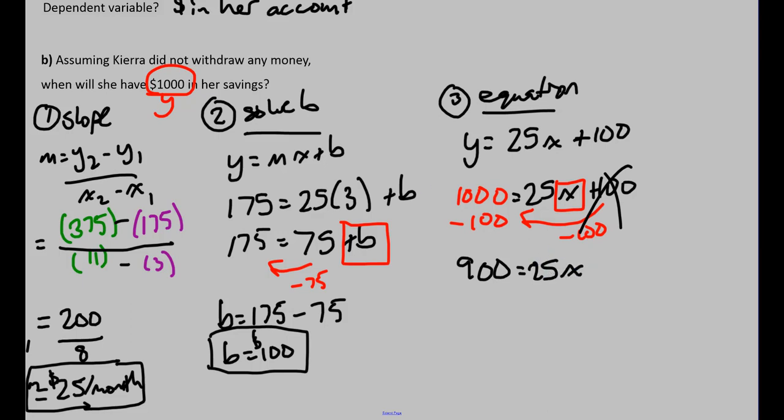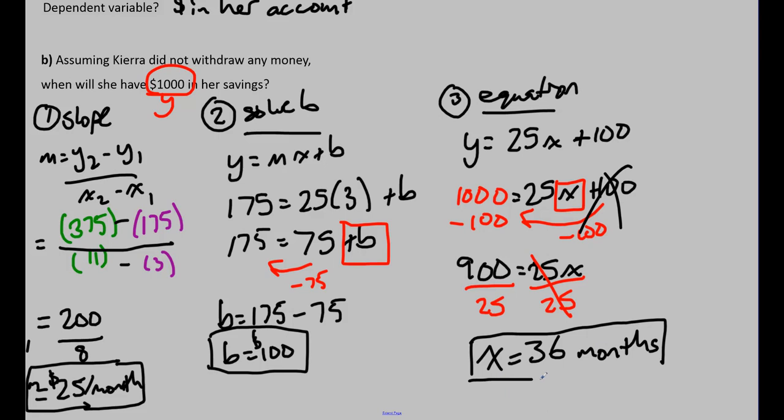And then to get rid of that 25, because it's multiplying by x, I have to divide both sides by 25. And 25 divided by 25 will cancel out. And then 900 divided by 25 is 36. And the unit is months. So that is the time it will take her to save $1,000.